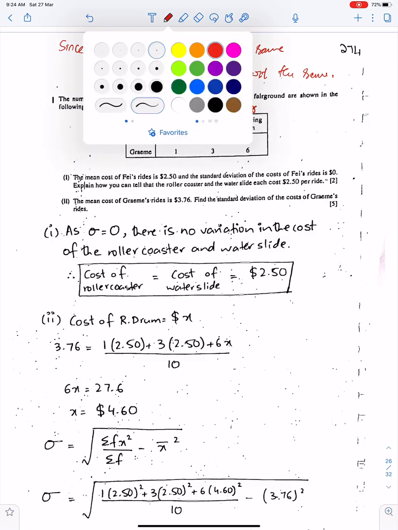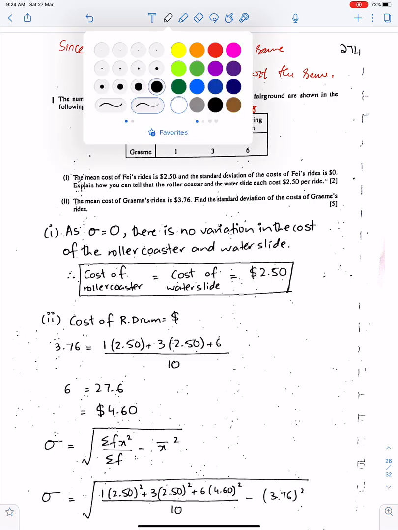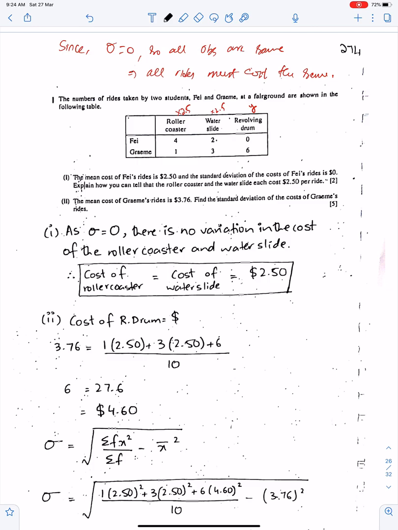Otherwise, this x could be mixed with this. So the cost for the revolving drum is 4.60.